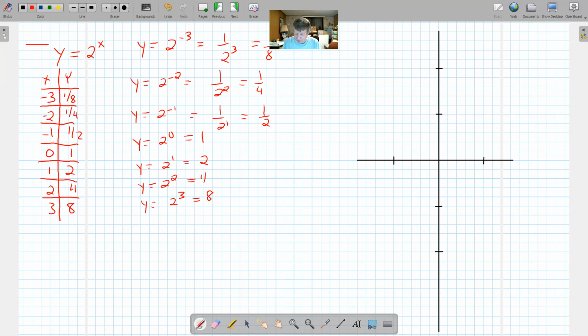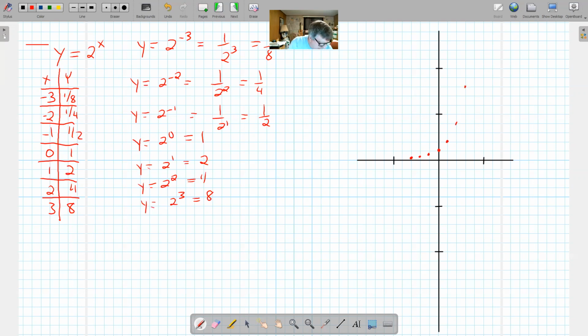So plotting these points, we get -3, 1/8 is approximately there. -2, 1/4 moves up a little bit. -1 is up to a half. 0, 1; 1, 2; 2, 4; and 3, 8.